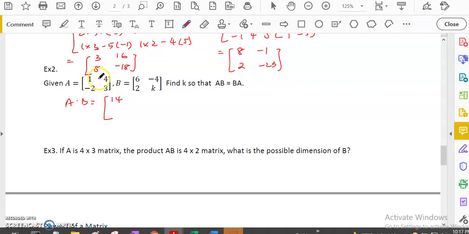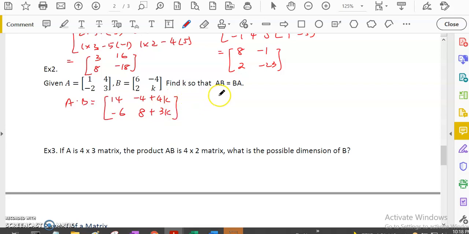Then the first row, second column would be -4 plus 4K. The second row, first column would be -12 plus 6, so it's -6. And then this would be -2, 3 times -4K, so it would be 8 plus 3K.